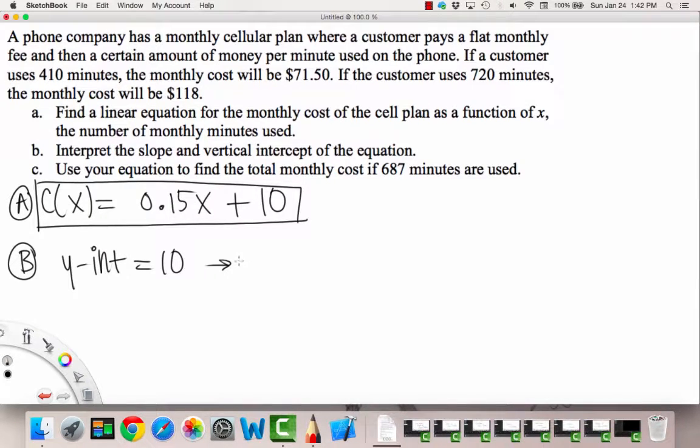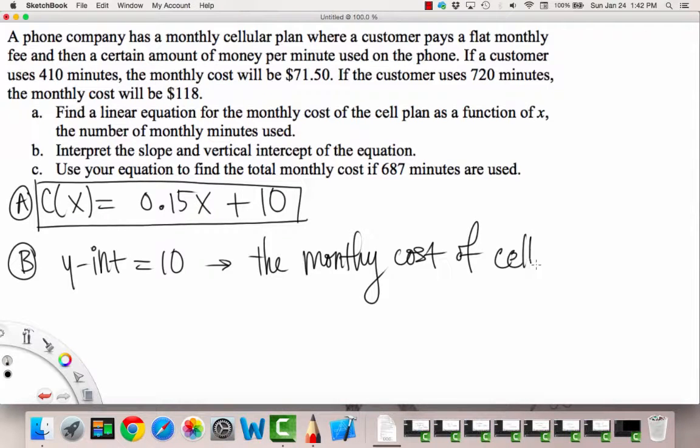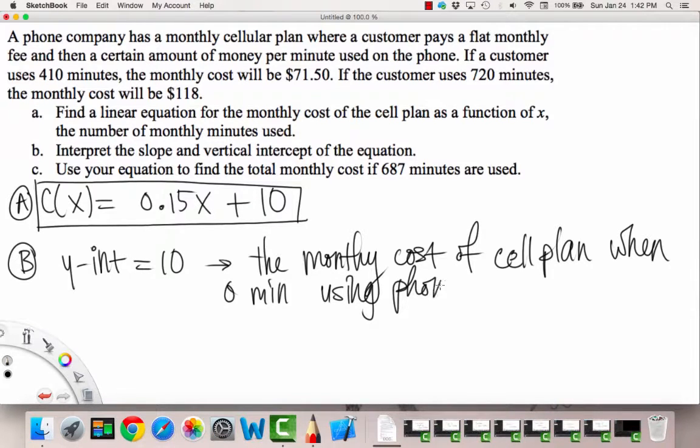This is the monthly cost of the cell plan when 0 minutes are used. You don't use your phone at all, but this is how much it costs? That's really weird. So this is also known as the flat monthly fee that they talk about in the beginning of the problem. This is the flat monthly fee for just having that plan.